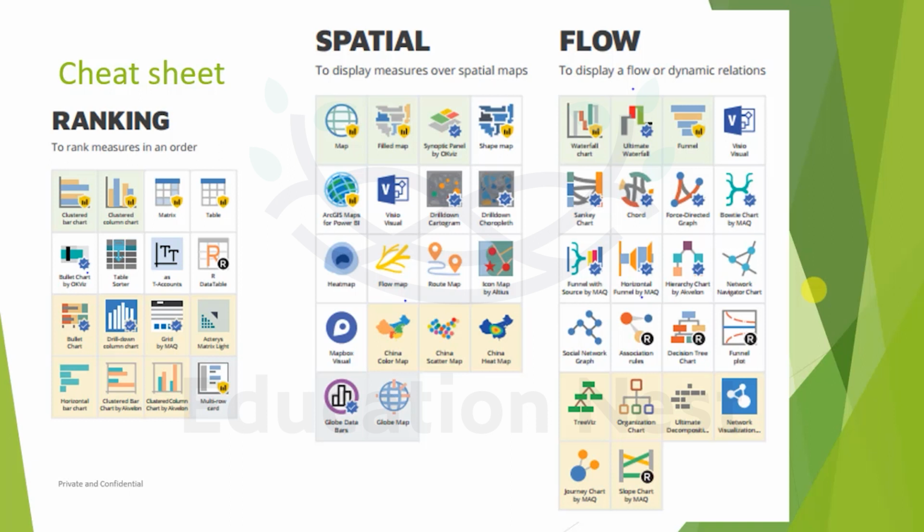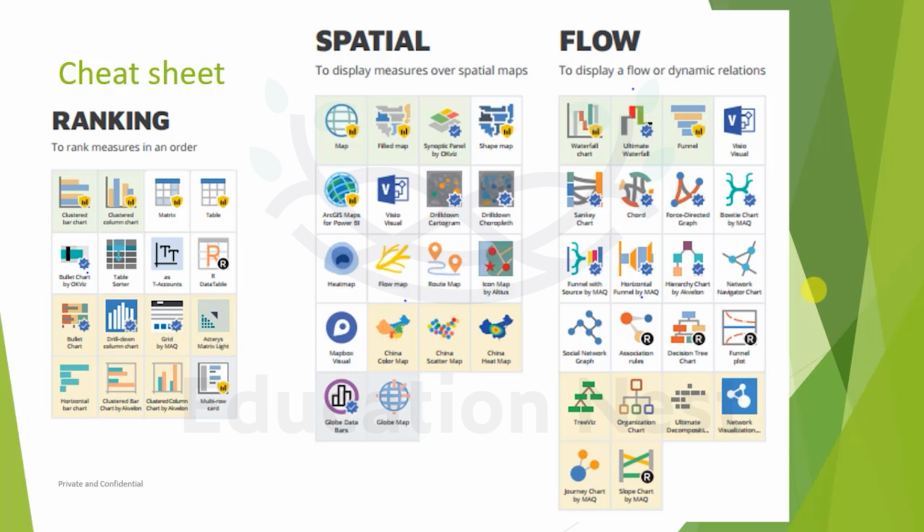Sortable charts, if I have to list them: these are ranking charts, and the top four are the clustered bar chart, clustered column chart, matrix, table, and at the bottom right, multi-row cards. These are the main charts you can make use of to identify the ranks of the products, people, growth, etc.